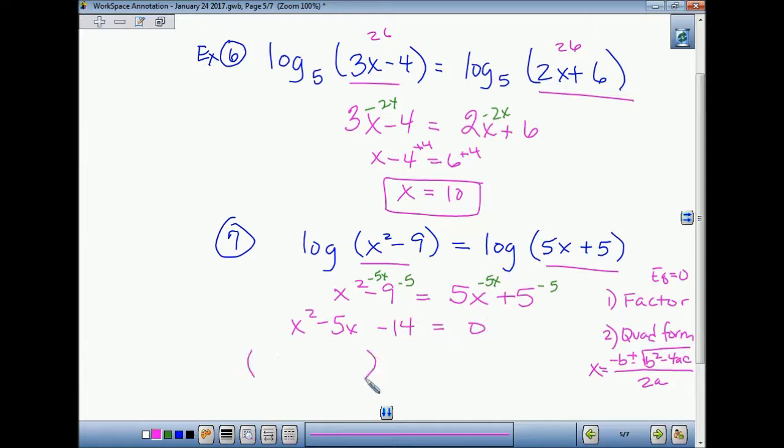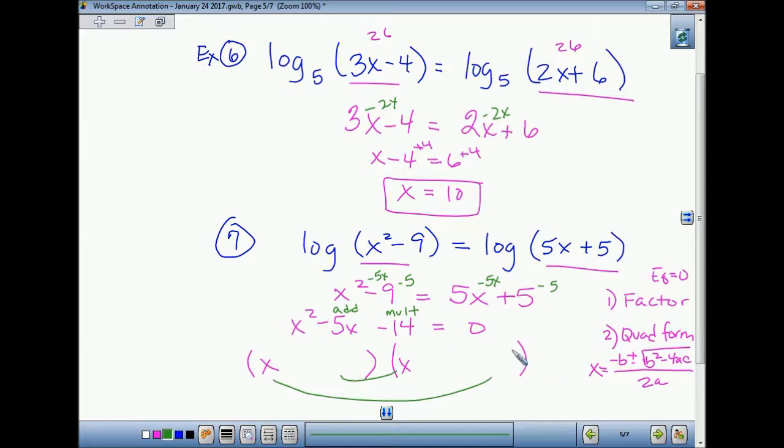Now, when we factor, the only way to get x squared with integers is x times x. So when the leading coefficient is 1, we just throw our x's in there. Now, remember from factoring, you're asking yourself, what did I multiply to get this that I add to get that?